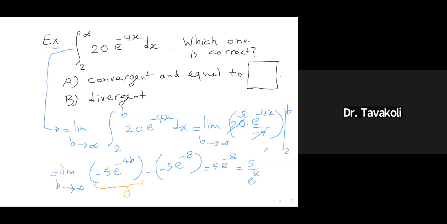This cannot be simplified more, and we want to have an exact value. So this is that exact value. So we got a finite number, so we should choose A. It is convergent and equal to 5 over e to the power of 8.